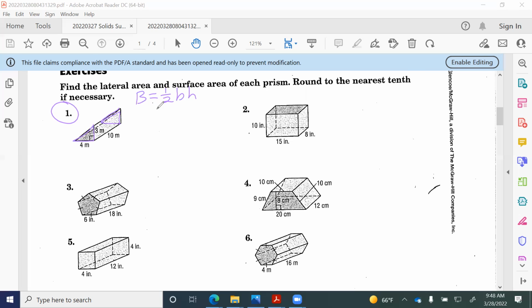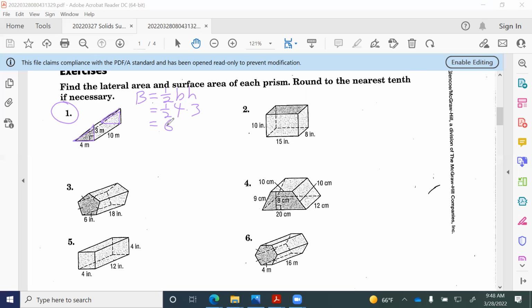Well, 1/2, we have a base, that's 4. We have a height of the triangle, that's 3. So 1/2 of 4 is 2, 2 times 3 is 6. That's the area of our base. The first thing we need.